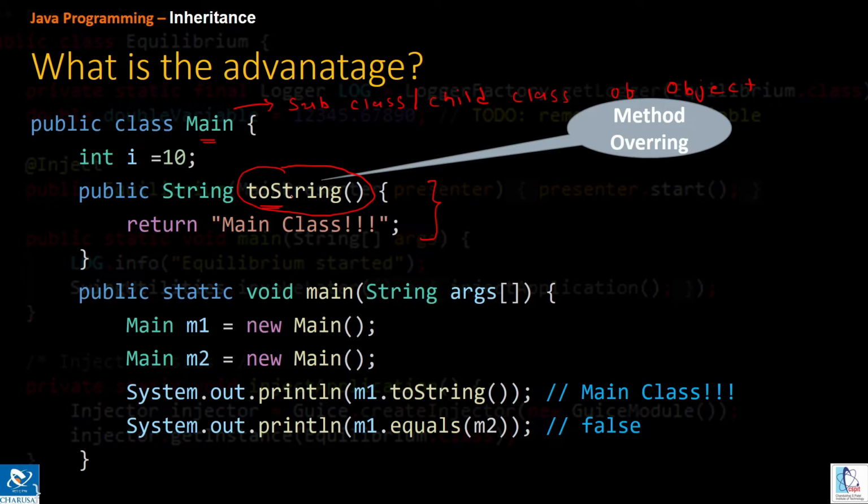So this concept is known as method overriding. Now if I execute the same statement once again, that is m1.toString, then rather than printing that value like main at the rate and some value, it would print the main class. That is what we have mentioned inside the method. So this particular concept is known as method overriding.